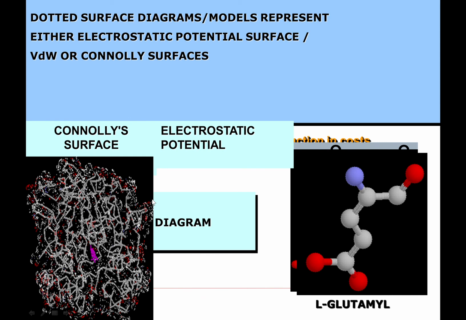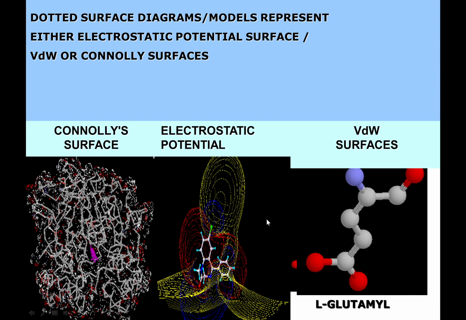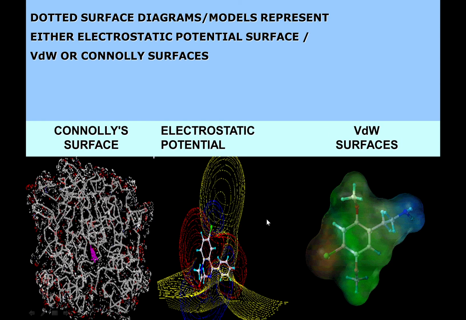With electrostatic potential, you can find out which part is electron rich and which is electron deficient. Red is electron rich, blue is electron deficient. Van der Waals surfaces give you a very good idea of the shape and volume of the molecule. So this is the power of molecular graphics.